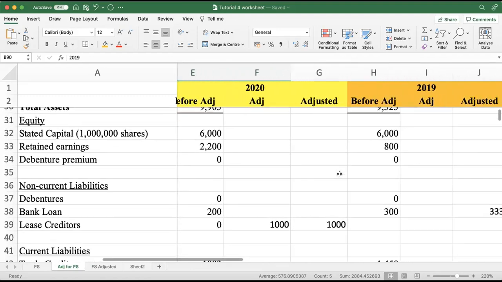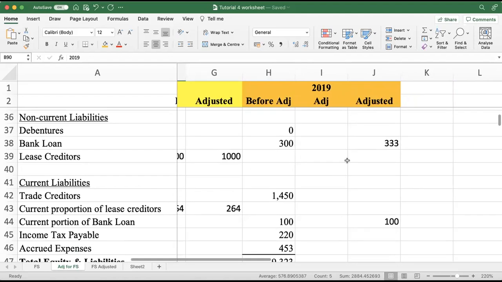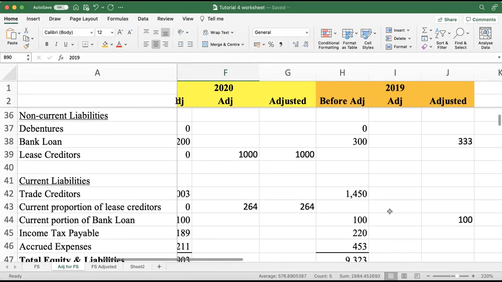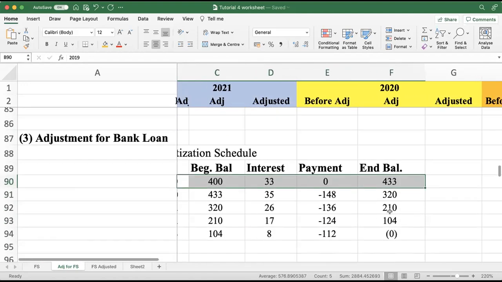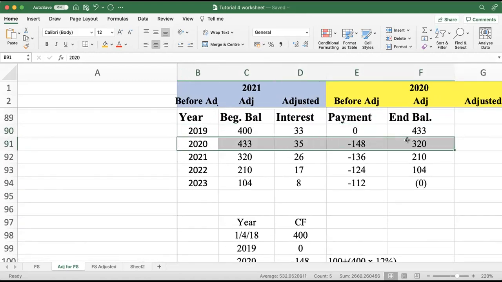Right. Now we have the adjusted bank loan liability for 2019. Then how about 2020? You see the 2020 bank loan end balance is 320. Out of 320, 100 has to be paid within the next year.